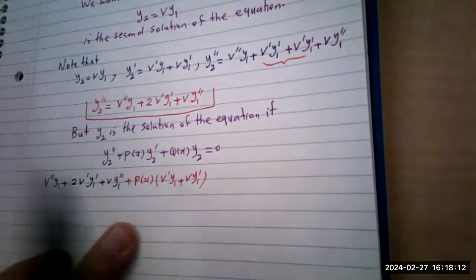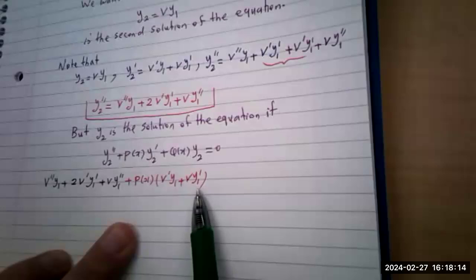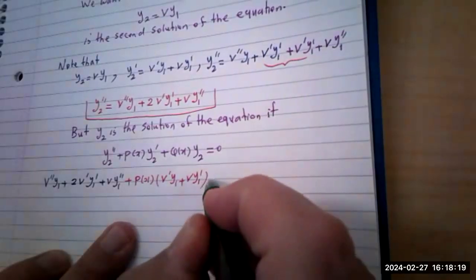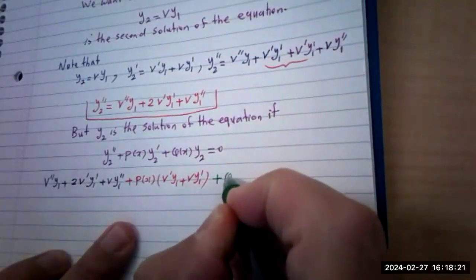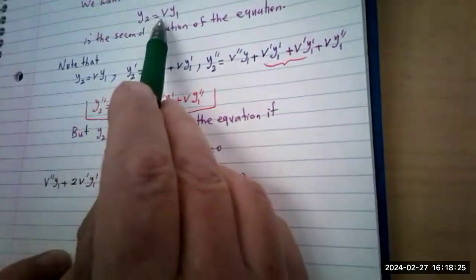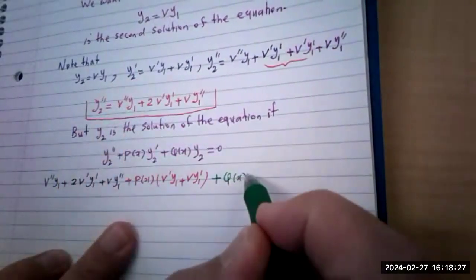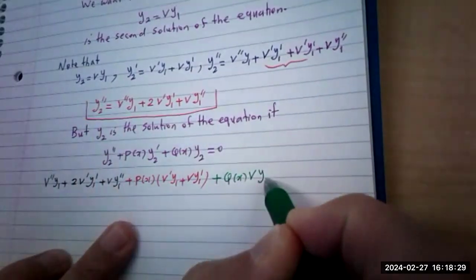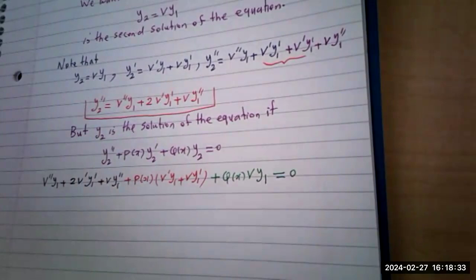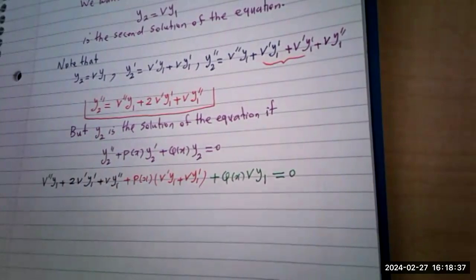That is going to be px times that. Then you have a qx times y2, so it's going to be plus qx times y2. Remember, y2 is v y1. And this is supposed to be equal to 0. I just substitute. y2 is the solution of the equation, so it must satisfy the equation.